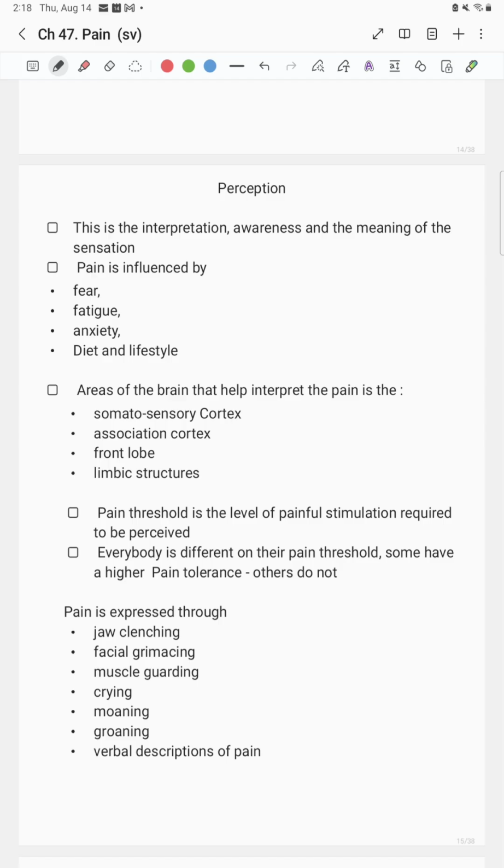The part in front of it is the motor area, so the precentral gyrus, and then the part behind is the postcentral gyrus, and that's where the homunculus was, right? So that's the somatosensory cortex area. Then there's the association cortex, the frontal lobe, and the limbic structures. An easy way of saying this is these will go into the psychological part of pain.